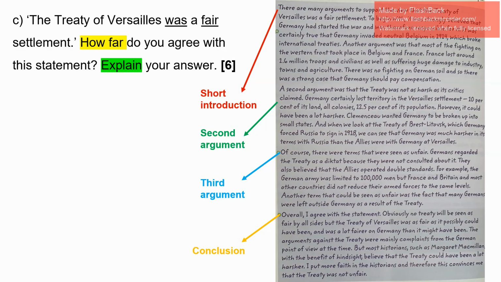Anyway, whether you write more arguments in favor of one or the other, it depends absolutely on you, there's no correct answer here. You can either say that you agree with this statement or that you disagree, but never strongly, okay?